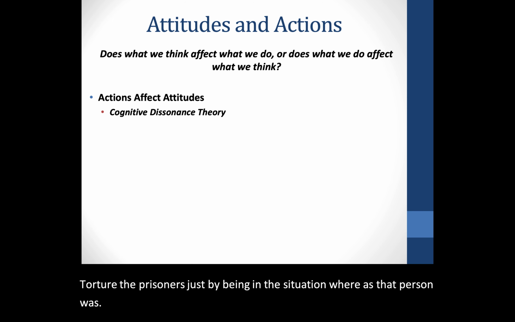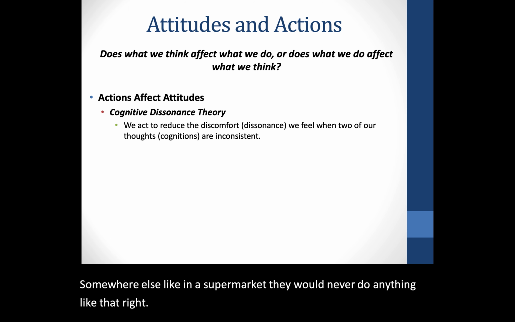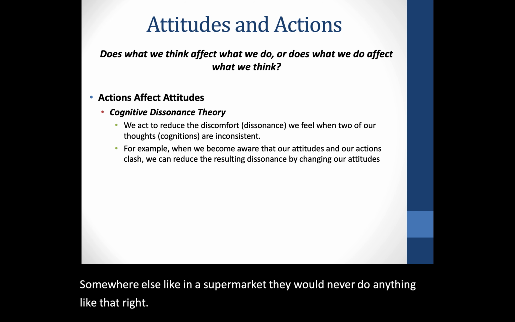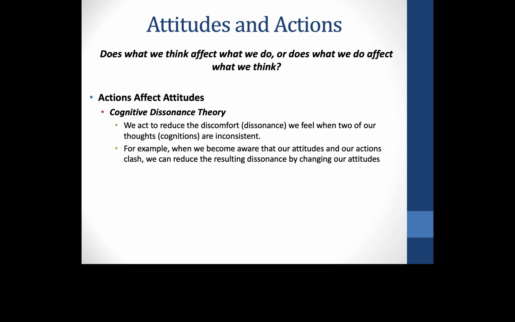Okay. So this leads to cognitive dissonance theory. We act to reduce the discomfort, which is dissonance, we feel when two of our thoughts, cognitions, are inconsistent. So when we are aware that our attitudes and our actions don't match up, we can reduce it by changing our attitudes.